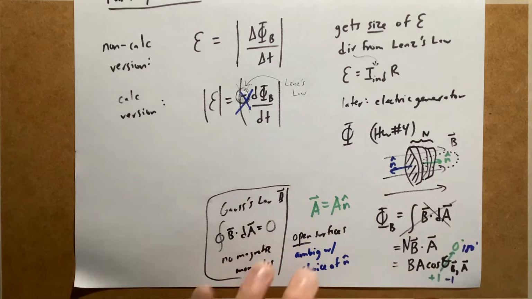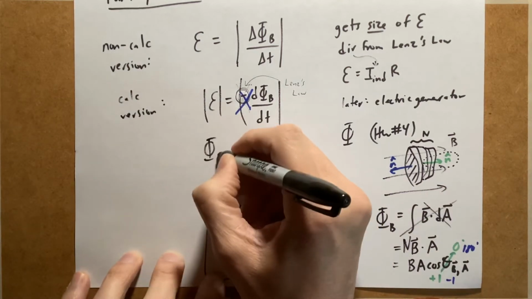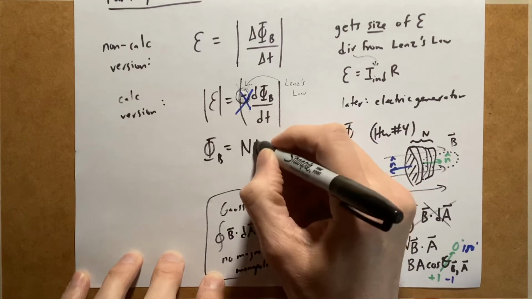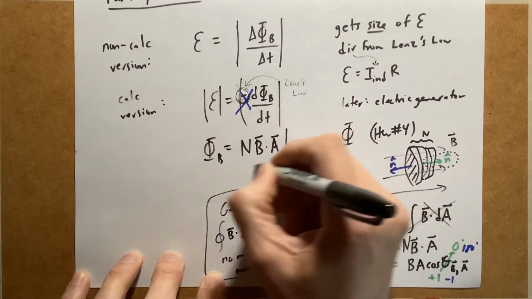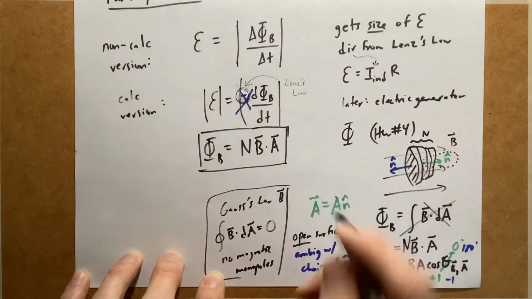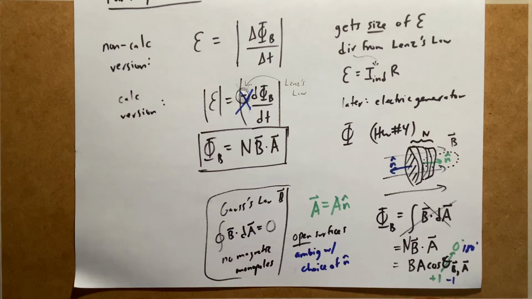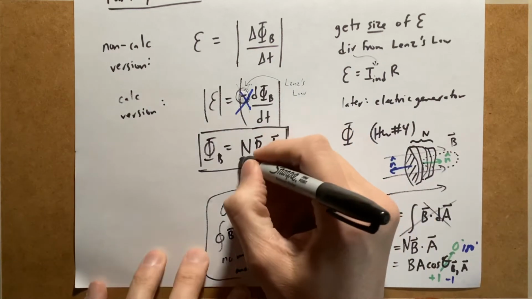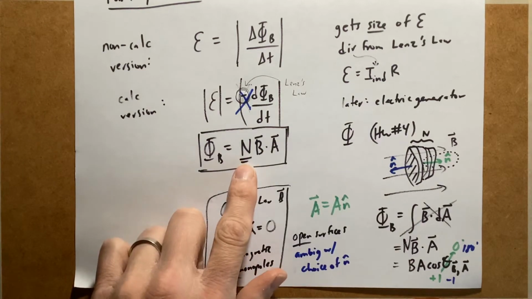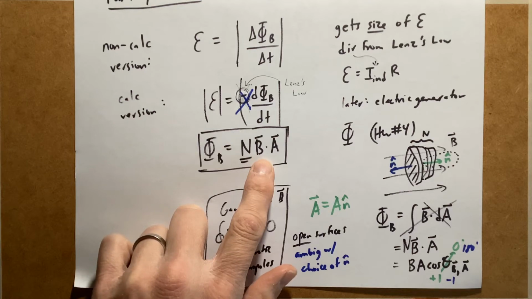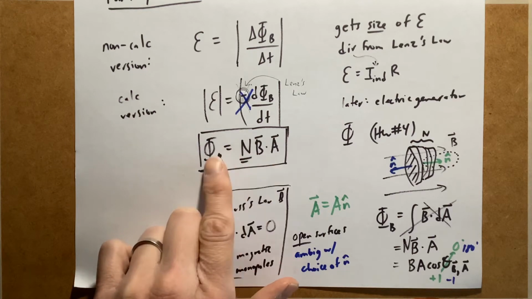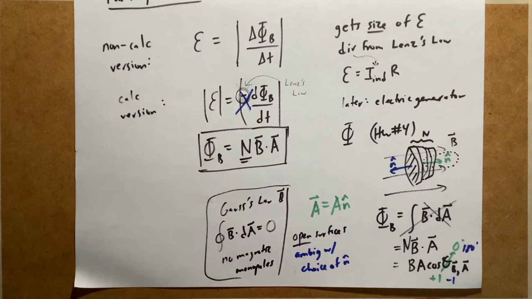So our final flux formula that we are going to work with, N B dot A, looks a little tiny bit different from what we saw before, simply because we might have a number of different catchers instead of just one. And of course, the magnetic field is now what we're calculating, the magnetic flux, not the electric flux. So let me go ahead and take this onto a new page.